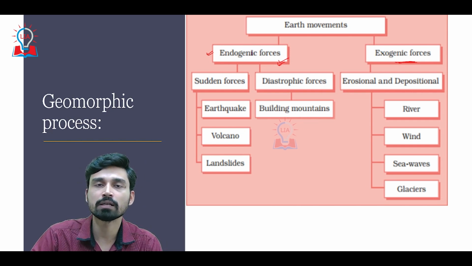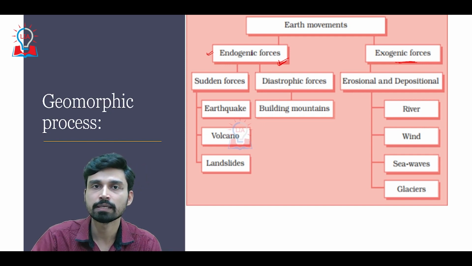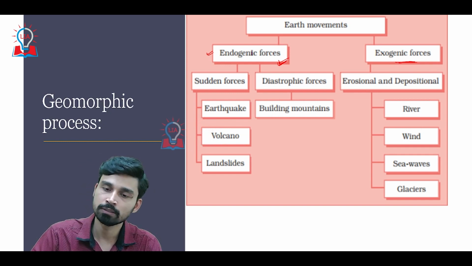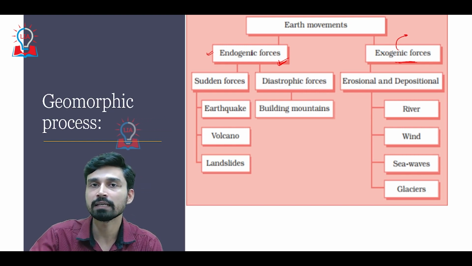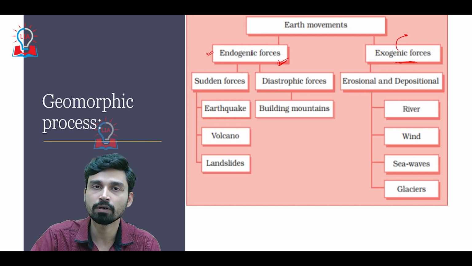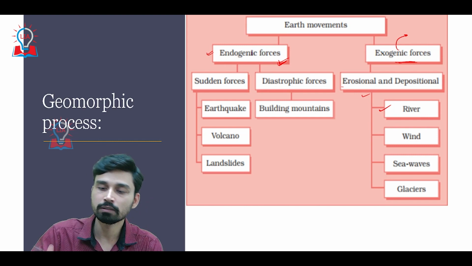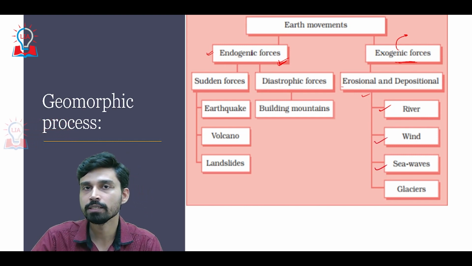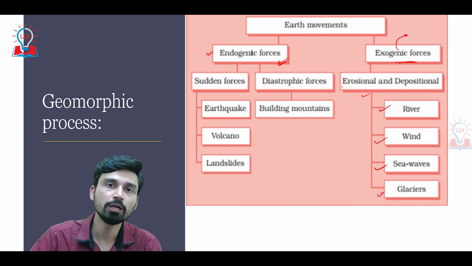Now, endogenic forces are forces exerted on the Earth's surface that originate from below the Earth's surface. That means they originate either from the mantle or below the crust layer of the Earth. On the other hand, exogenic forces are forces that generally apply themselves on the surface of the Earth. Examples of such exogenic forces are the flow of water in the river, the movement of the wind, the movement of the sea waves that causes changes in the coastal area of the landmass, as well as the movement of the glaciers in the colder regions of the Earth.